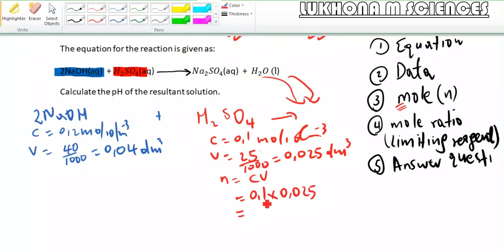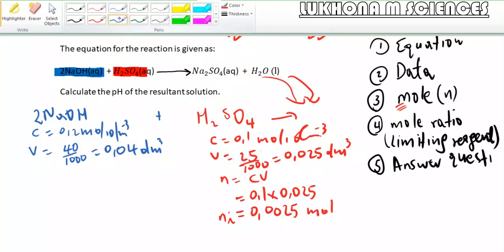Then we get 0,0025 moles. These are the initial number of moles.